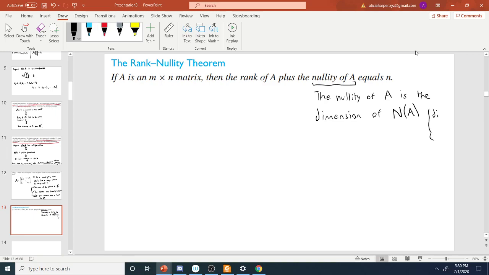This is the dimension of the space of vectors X with AX equal to 0. All right. So this is rank-nullity.